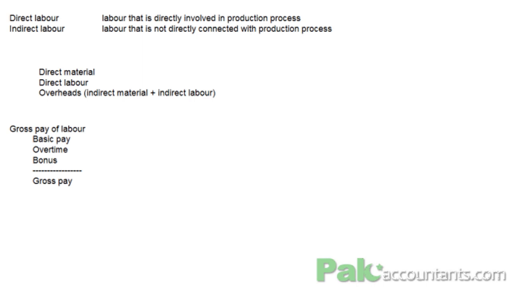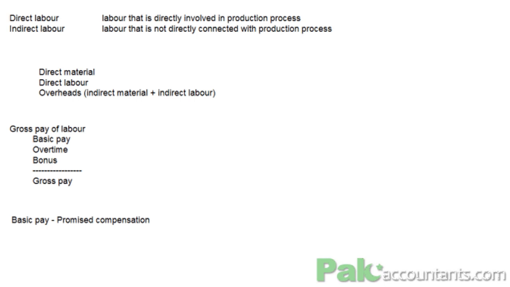Let's understand these things one by one and how to calculate them. Talking about basic pay, this is the promised compensation. This is what the employee will be getting, irrespective of other conditions or changes in circumstances or the time he has spent.